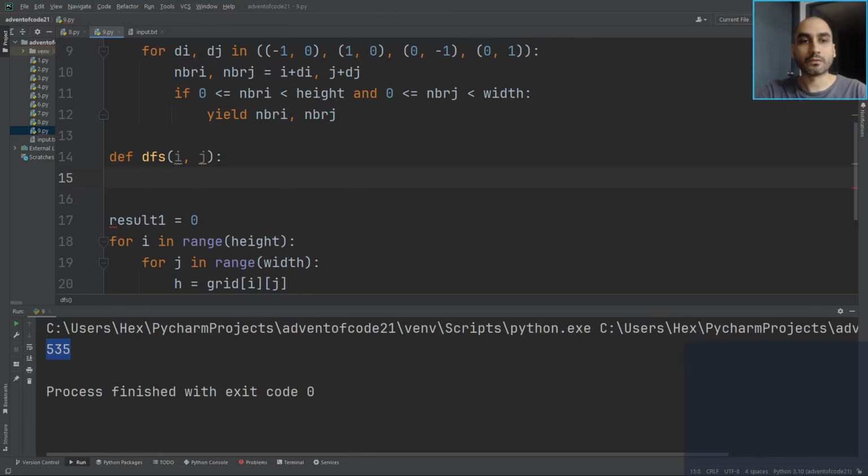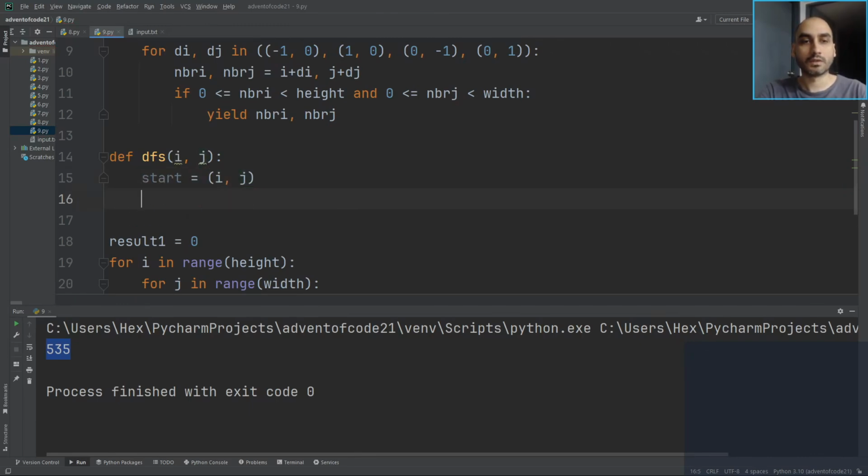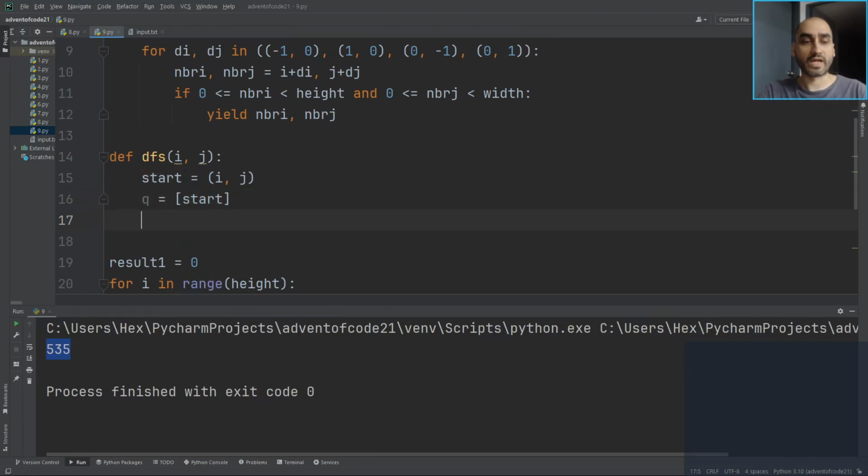All right, so start from this ij. We put this on the queue. We don't care about distances.